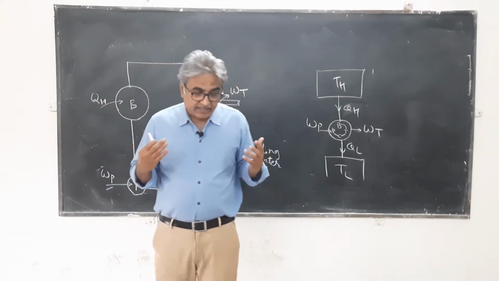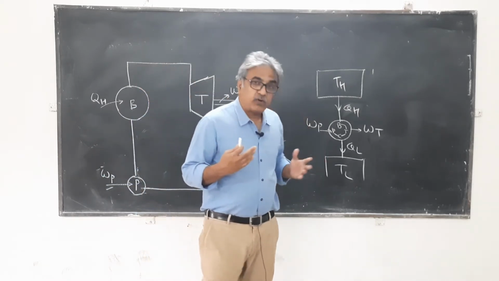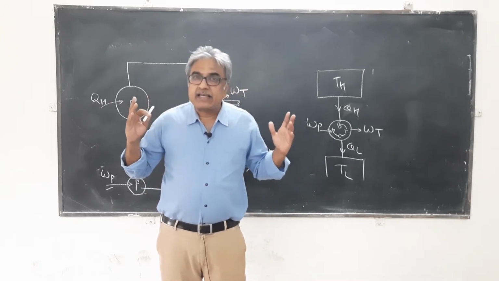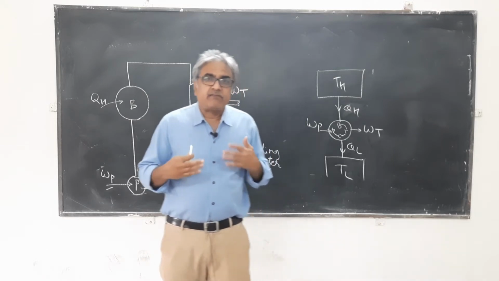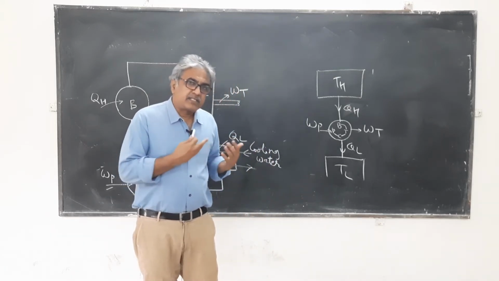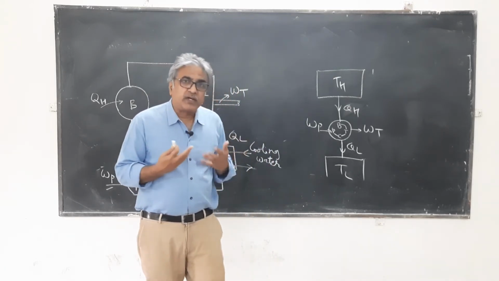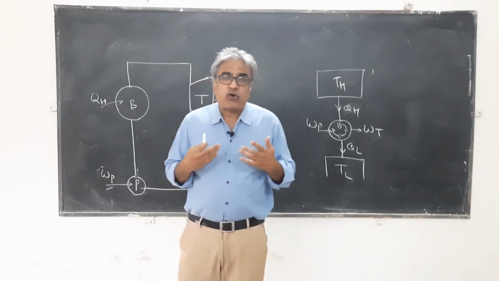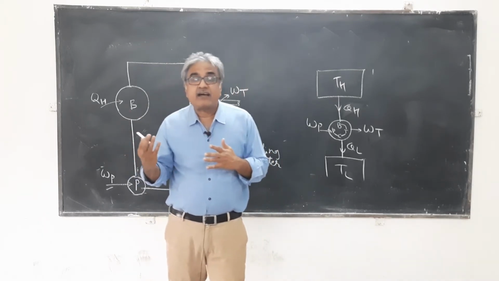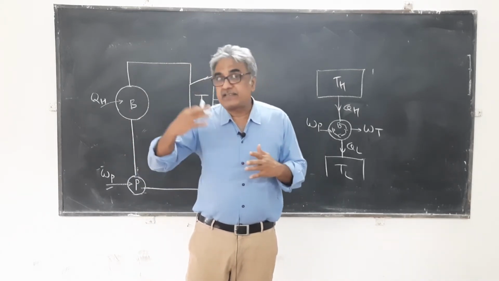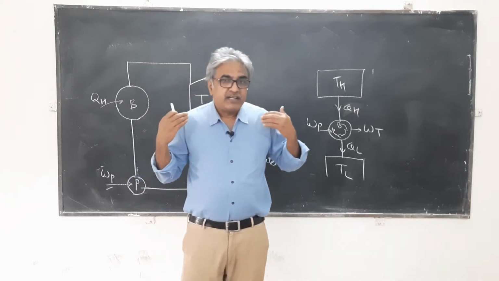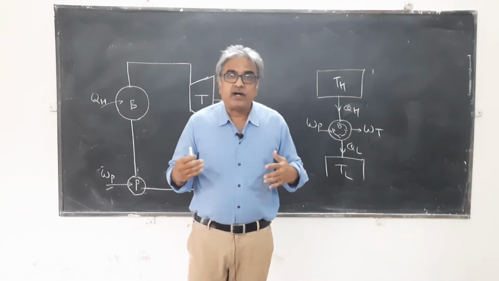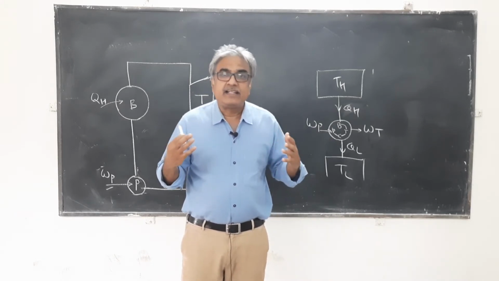Now, one could ask that for any heat engine, the ideal cycle is the Carnot cycle, right. So, why do we want to have another ideal cycle such as a Rankine cycle, as this vapor power plant is also a heat engine? I will answer that question later, but let us understand how a Rankine cycle, an ideal cycle, works.